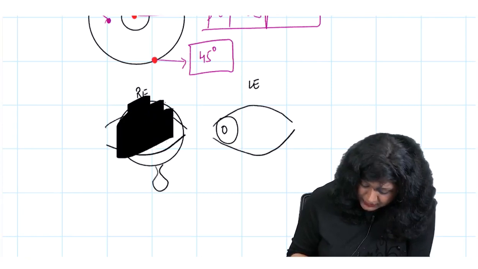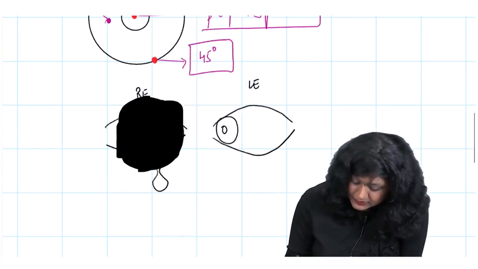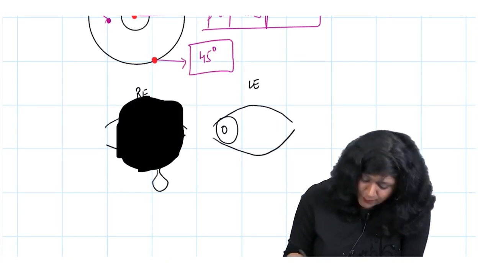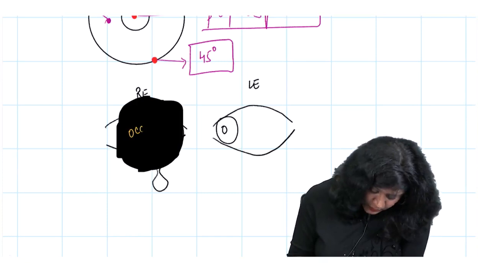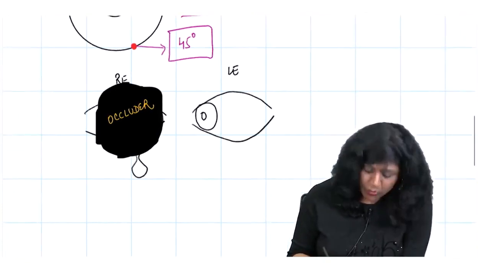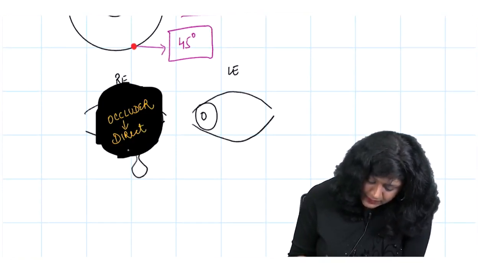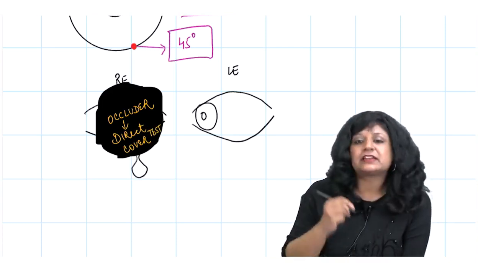We are covering this right eye with the help of an occluder. So what is going to take place? When I cover this right eye with the help of an occluder, this test is called as your direct cover test.